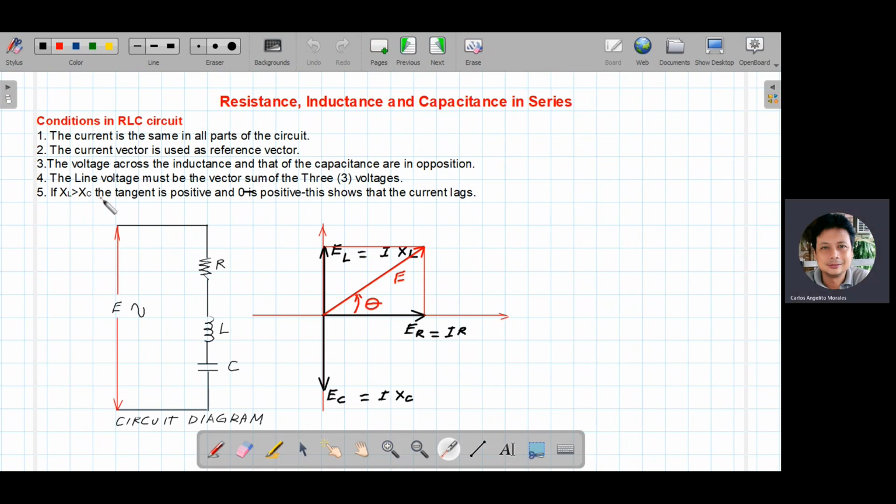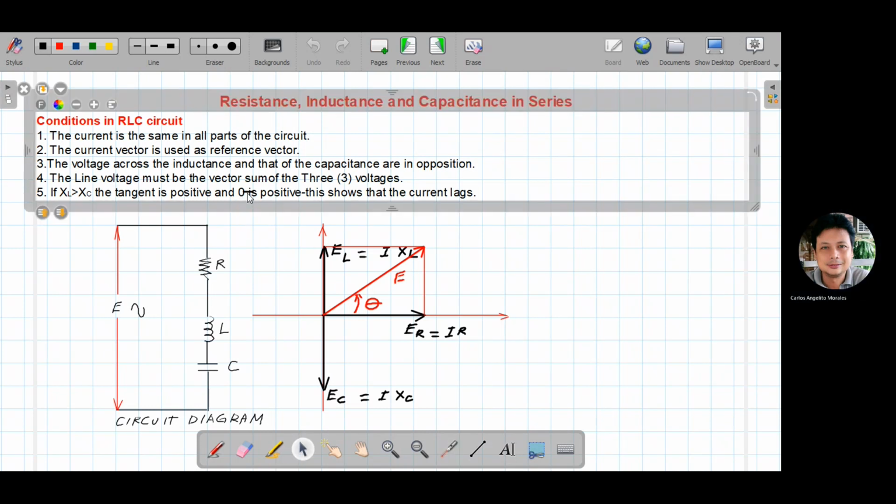So X sub L is greater than X sub C. The tangent is positive and theta is positive.